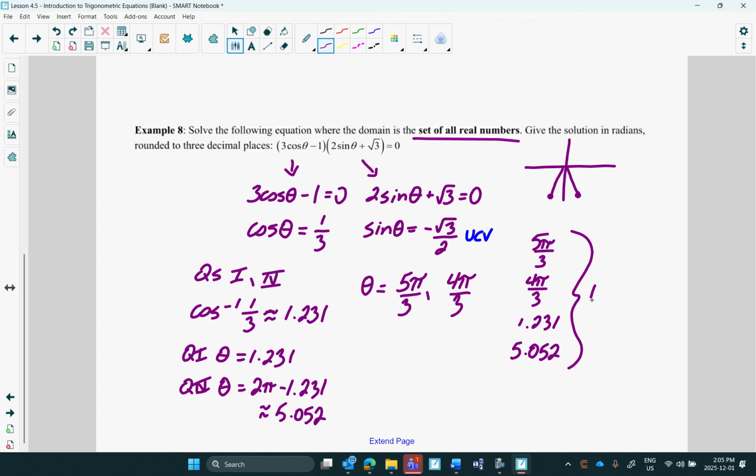Plus 2 pi k, k-e-z. Whatever you do, don't blend it. Don't go, oh, 2Ks, I'm just going to go like this. Okay, because that's just crazy. Look at that, even my smart board wanted to cross it out before I got to it.